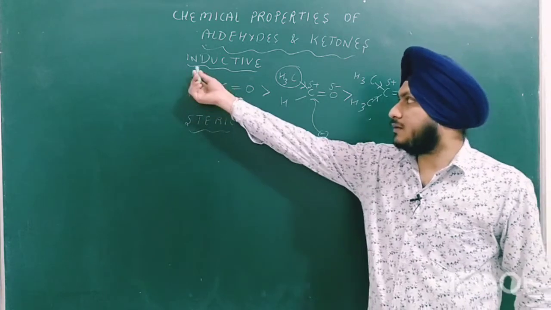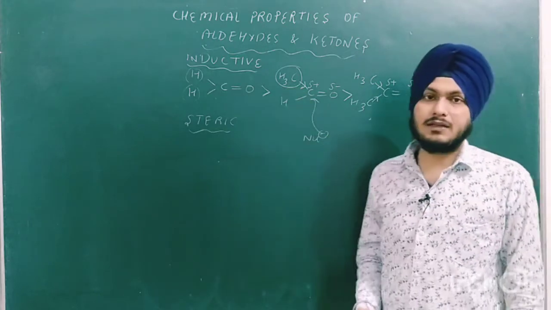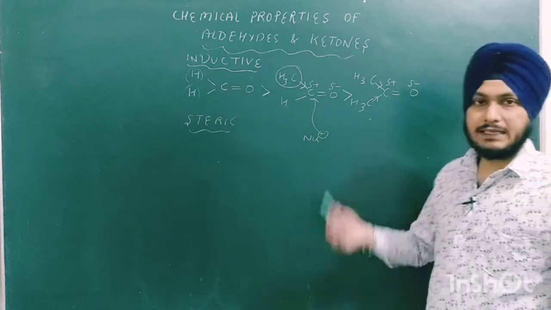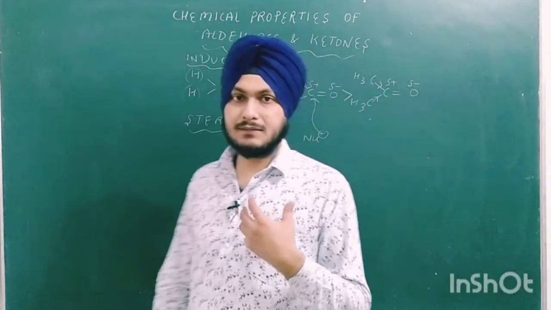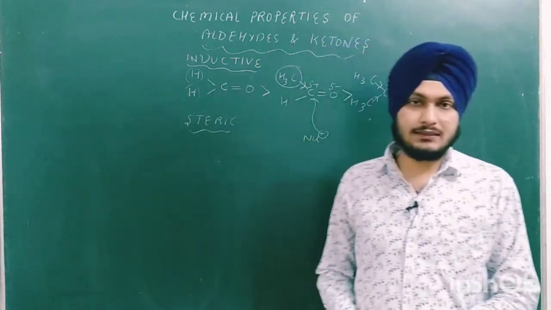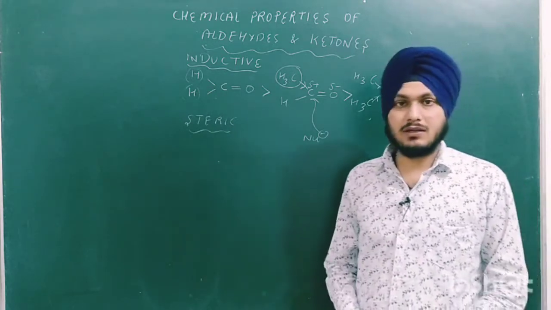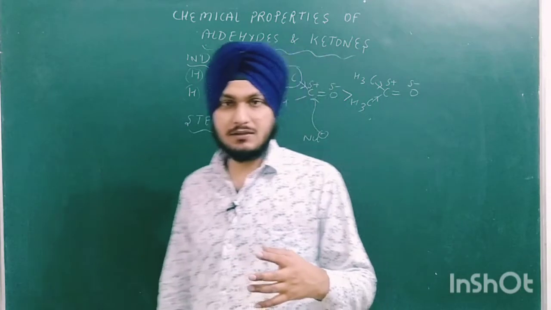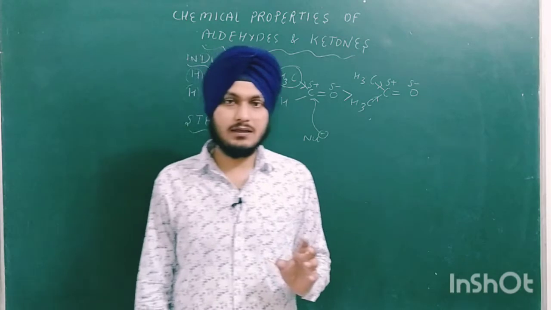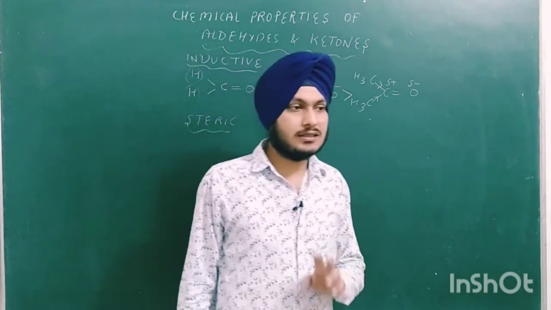Here we have no hindrance because these two hydrogens are small, but here we have one methyl group and here we have two methyl groups. So as the steric hindrance increases, the attack of the nucleophile becomes less favorable as compared to the less hindered compound. So again the ease of addition of a nucleophile decreases in the case of ketones as compared to aldehyde. So these are the two factors.